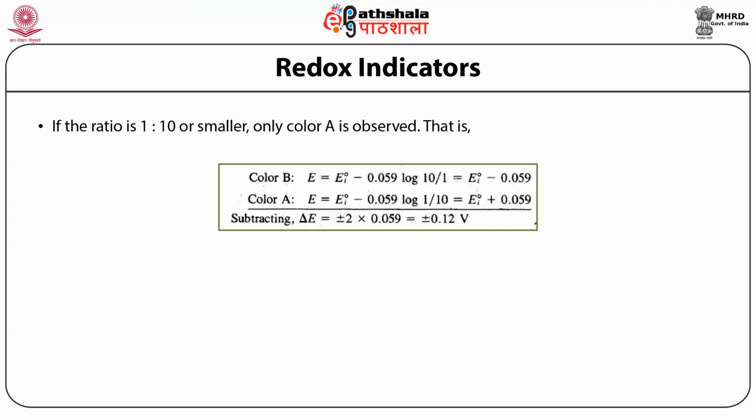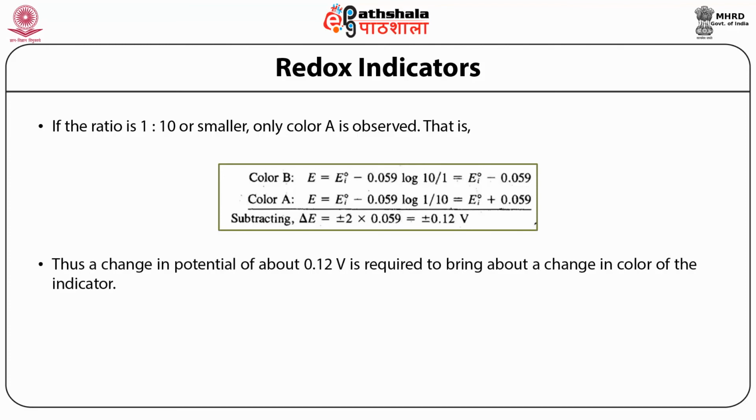Subtracting these two equations, delta E is equal to plus or minus 2 into 0.059, that is plus or minus 0.12 volt. Thus, a change in potential of about 0.12 volt is required to bring about a change in color of the indicator if our assumptions are reasonable.